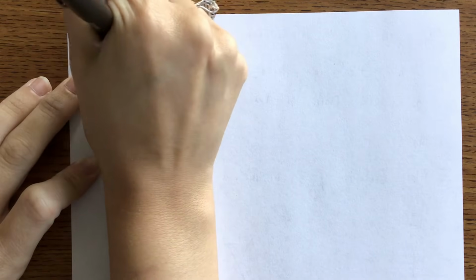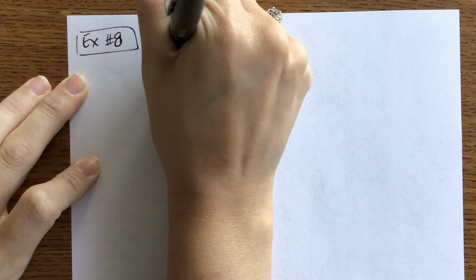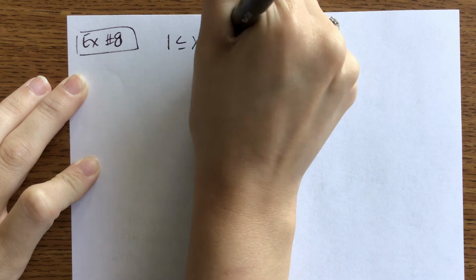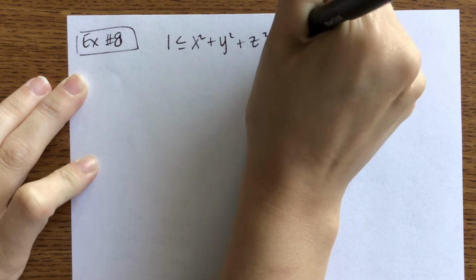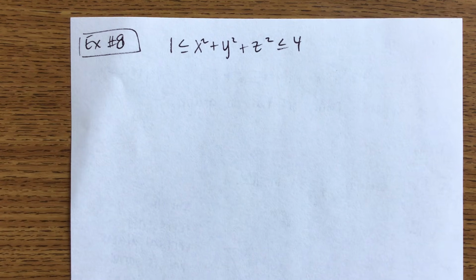Real quick, last one. We're just going to talk. We're not going to write anything down except the equation. Oh, sorry, this is 8. Okay, what's this going to look like?